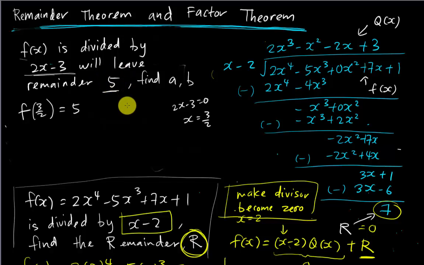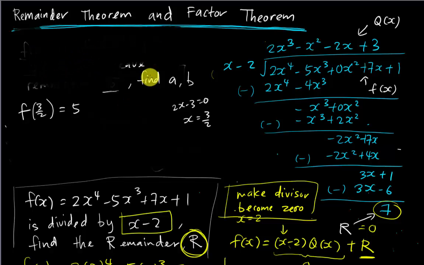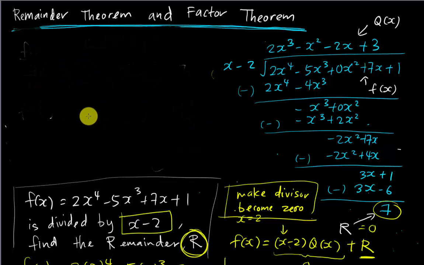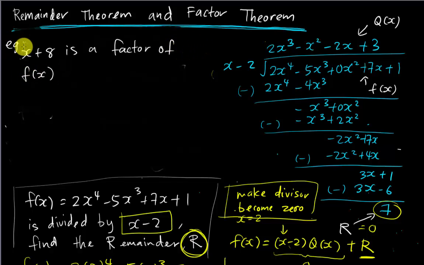Alright, so sometimes the question might say something like this. Let's say the question might say something like this. x plus a is a factor of f(x). Just a random example. So since I know x plus a is a factor of f(x), that means I want to make the divisor become the 0.